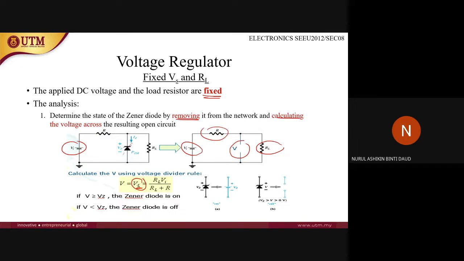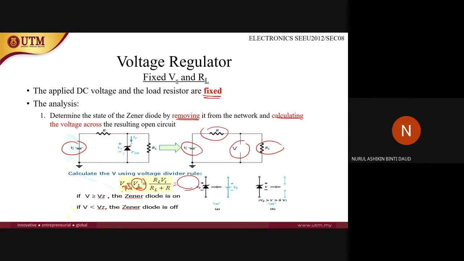So VL, the output. Since there is no Zener here, the output voltage equals VL. Once you get the value of VL, you need to compare.